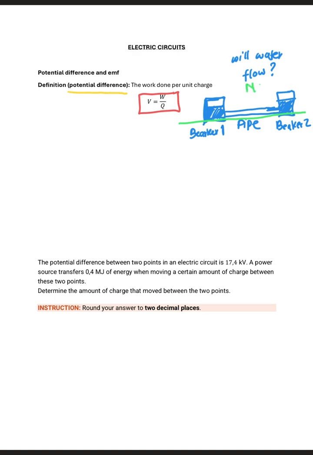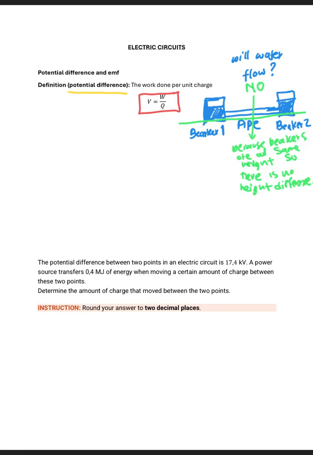This is because the beakers are at the same height, so there is no height difference. That's why the water is not flowing in the pipe. There is no what? There is no height difference.